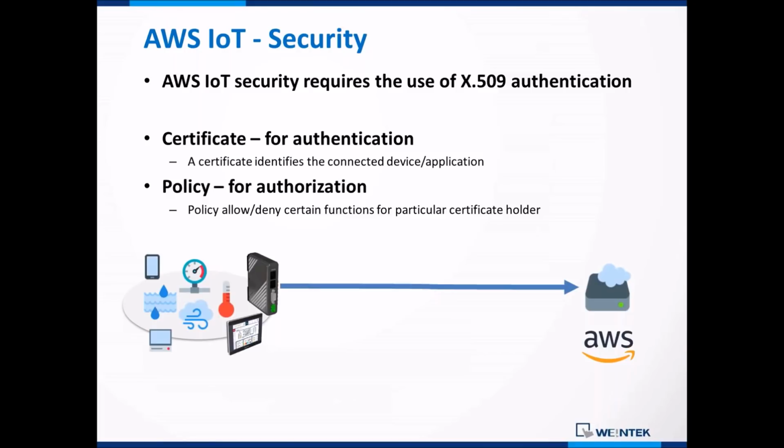You have to have an X509 compliant certificate in order to communicate with the AWS server, and you have to have policies predefined that determine whether a particular certificate holder is allowed or denied certain functions.